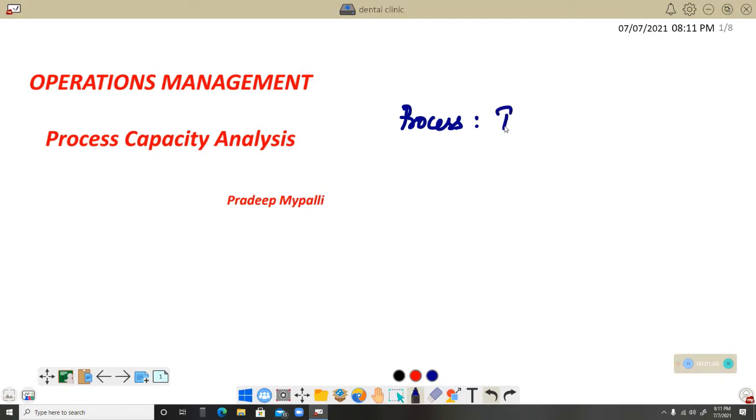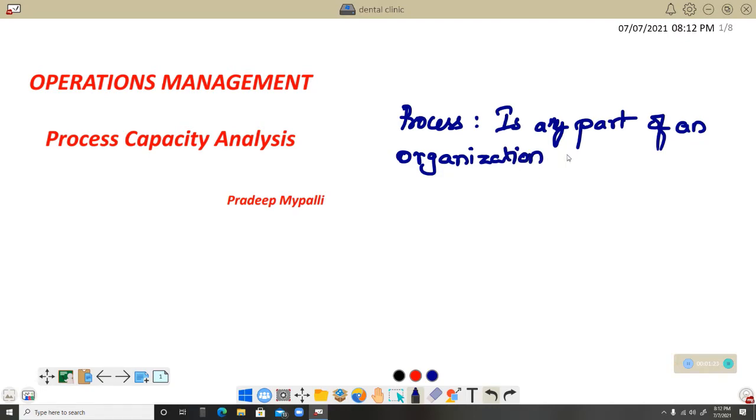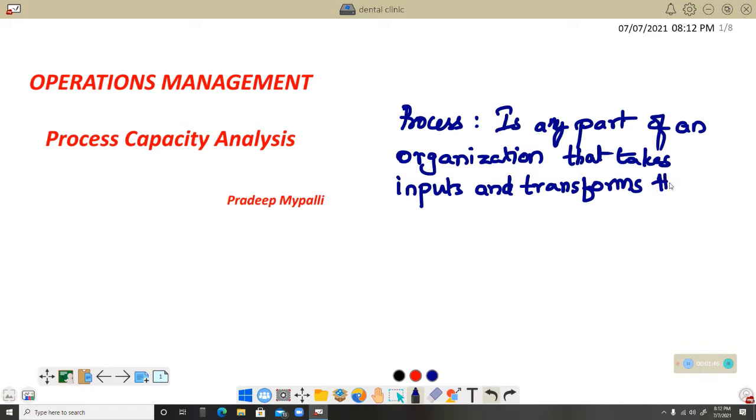I can say it is any part of an organization that takes inputs and transforms them into outputs.